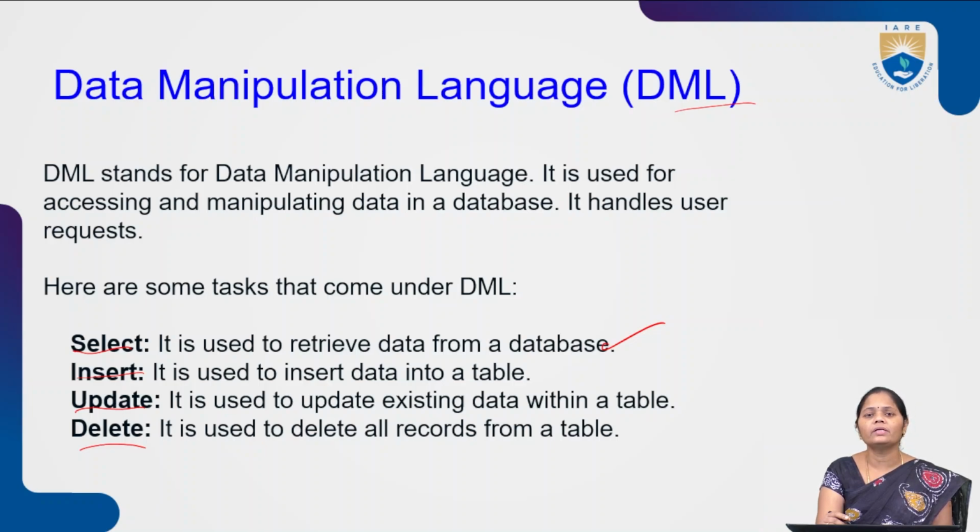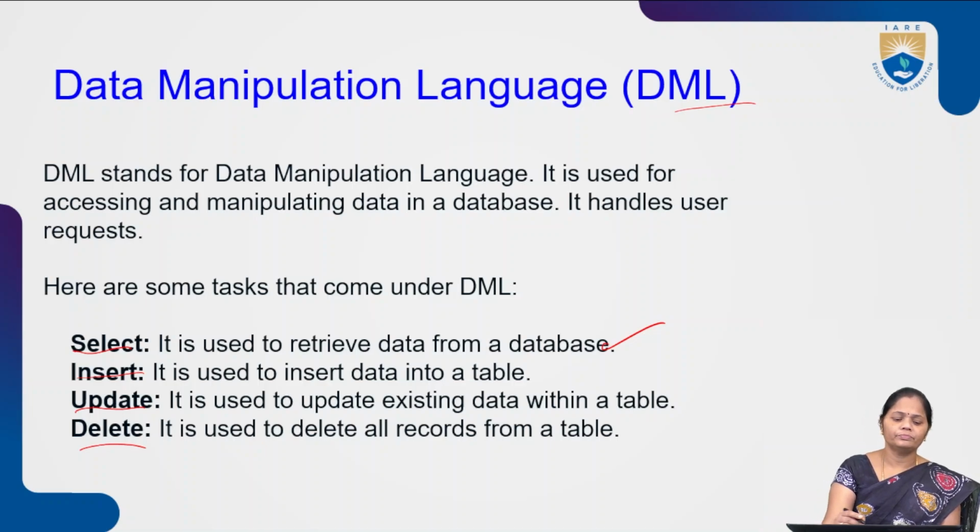Whatever data you want, you can retrieve it by making use of the select command. Or not all the columns, I want to retrieve only 2 columns or 3 columns out of 10 columns, that also we can do by making use of the select command. Basically, the select command can be used to retrieve the data from the database.